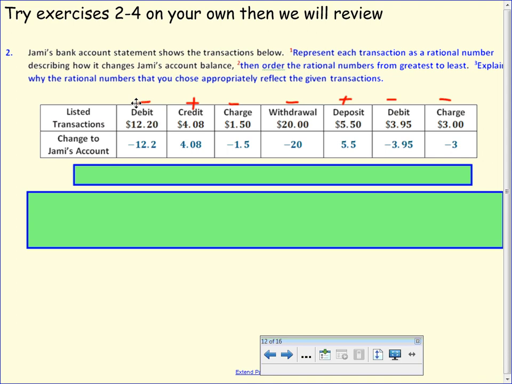Now again, we have to read the directions carefully because those directions gave us 3 different tasks. So now the second task is to order those rational numbers from greatest to least. Oh, be careful, they got tricky here. Greatest to least. So put those integers below the box from greatest to least.